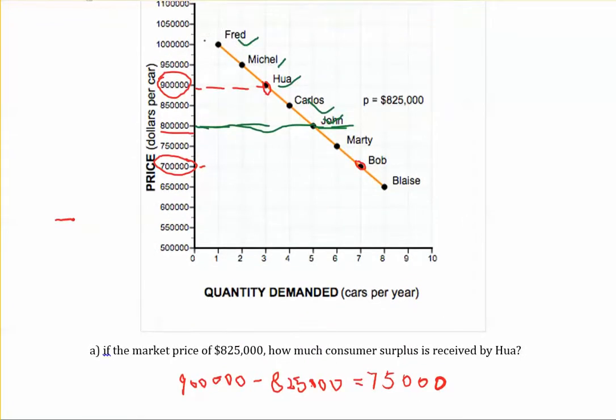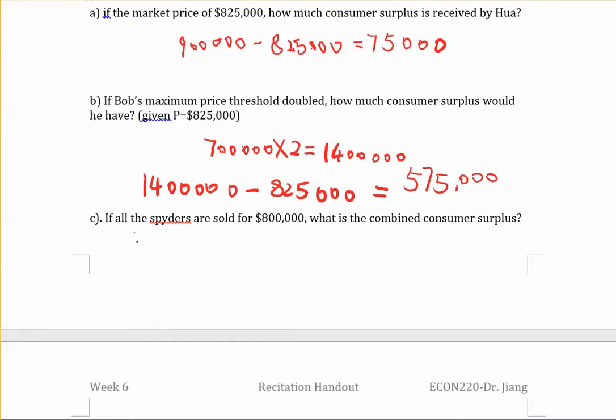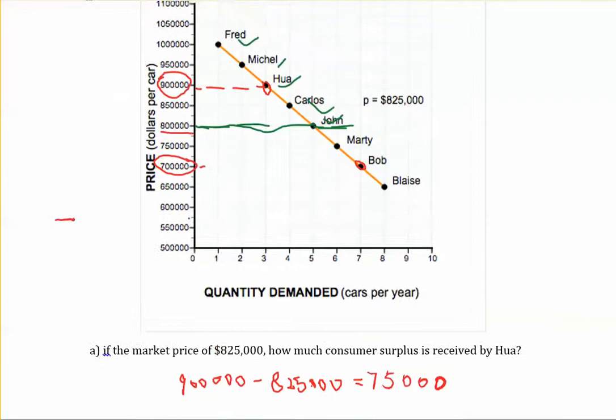So now let's do it one by one. Fred's willingness to pay is $1,000,000. So Fred's consumer surplus equals $1,000,000 minus $800,000, and we will get $200,000. Now we look at the second person, Michelle. Based on the graph, Michelle is willing to pay $950,000 as maximum.